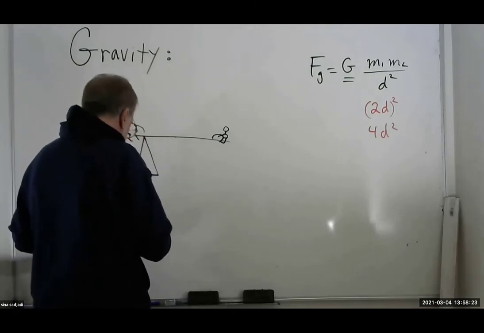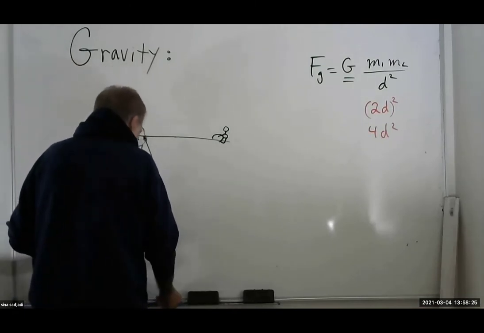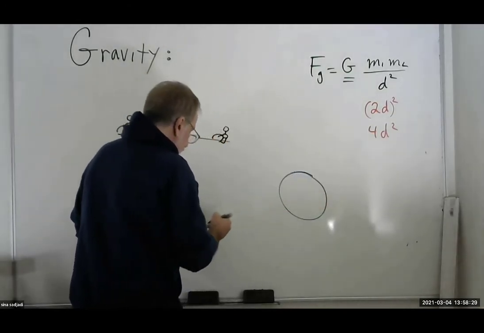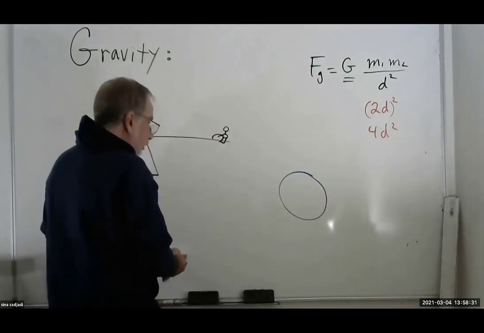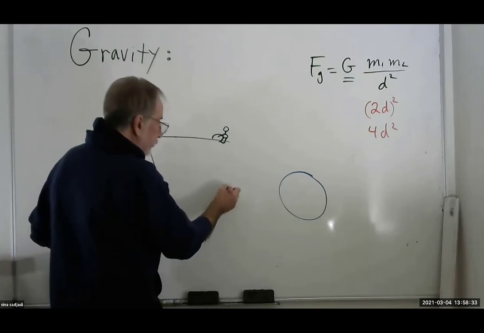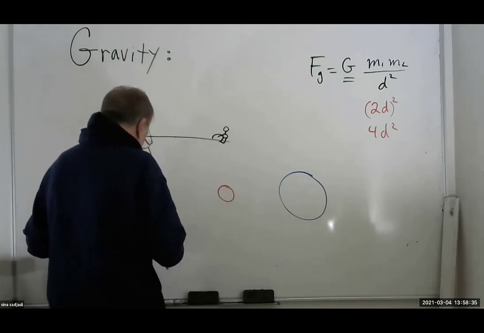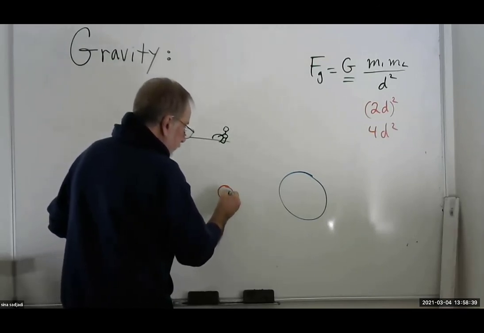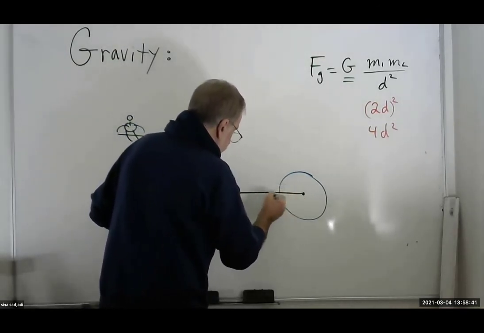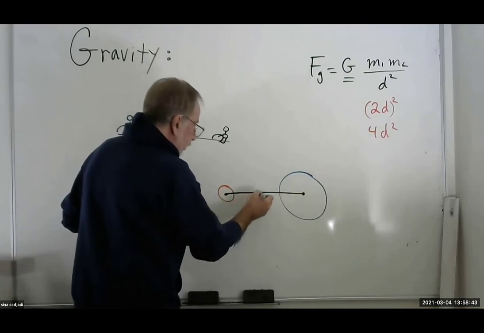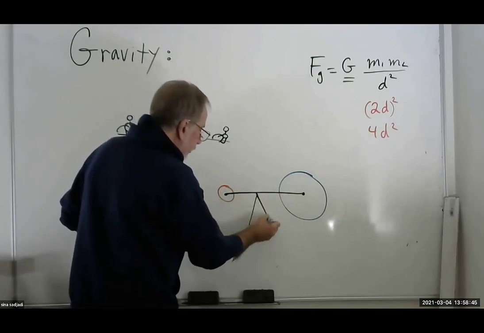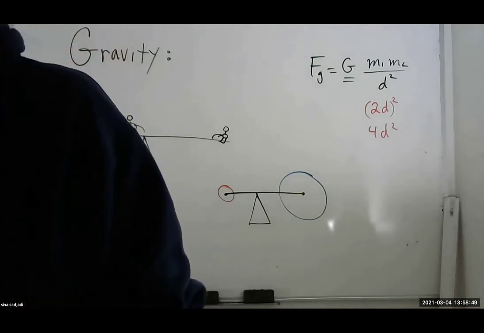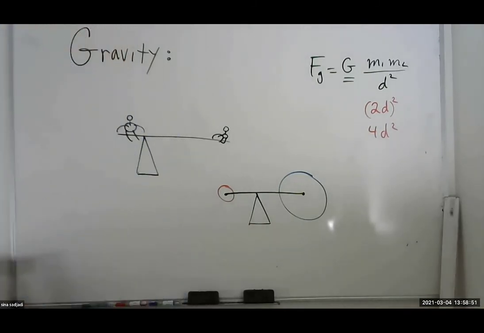Now here is the moon and the earth. So let me put the moon and the earth here now. So here is the earth. Here is the moon. Let's put them on a teeter-totter. Where should the teeter-totter go, right? Here it is. Now, instead of people, we have the moon and the earth.